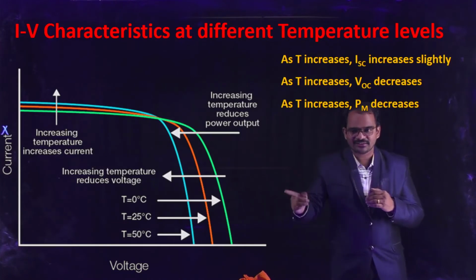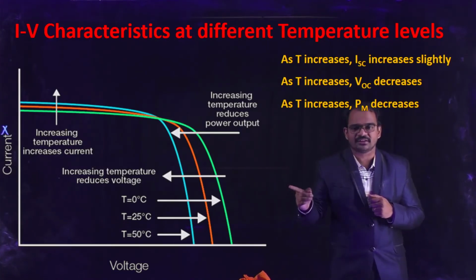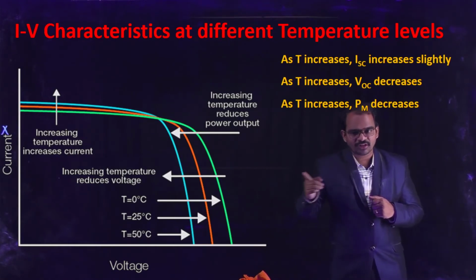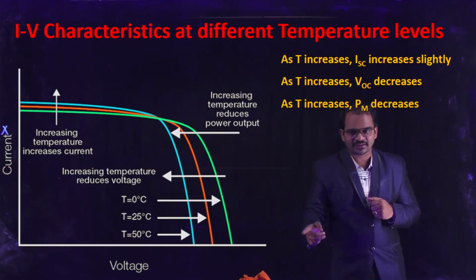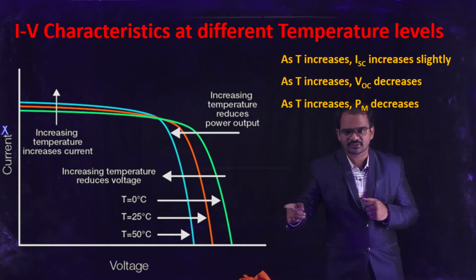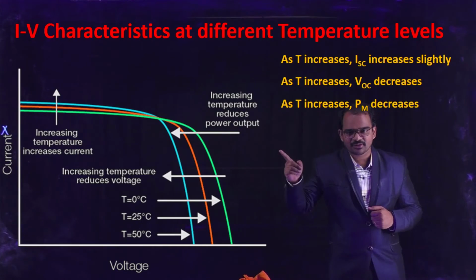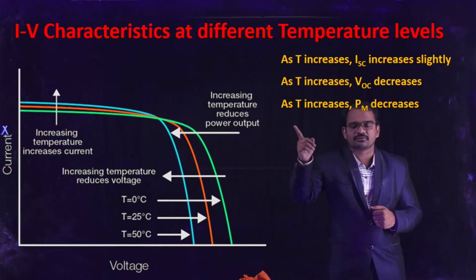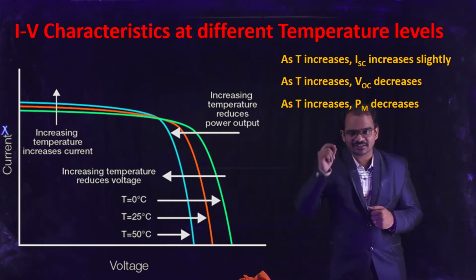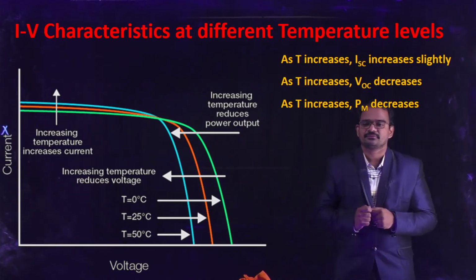You can clearly see that as the temperature increased from 0 to 25 degrees centigrade, the green curve is shifted to which curve? The red curve. You can see on the x-axis that the voltage is reduced, as we have previously discussed. Now on the y-axis you can see the green curve is shifted upwards to the red curve. That is, as the temperature increases, the short circuit current slightly increases.